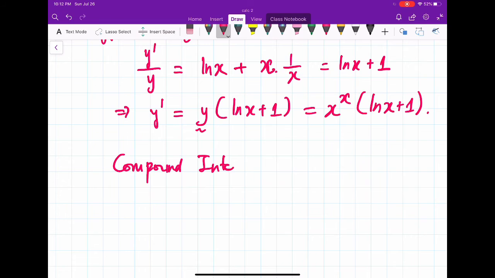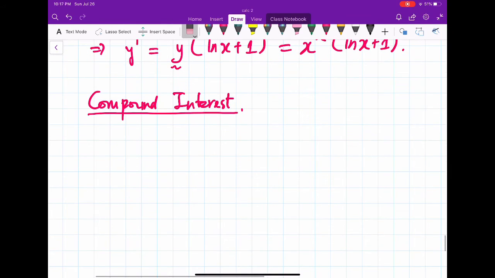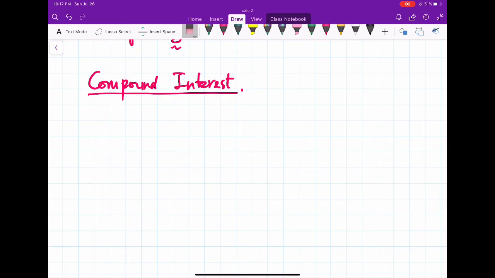Compound interest. Right, now let's talk about compound interest. Suppose that you have P dollars. You want to put this into a bank account, okay?